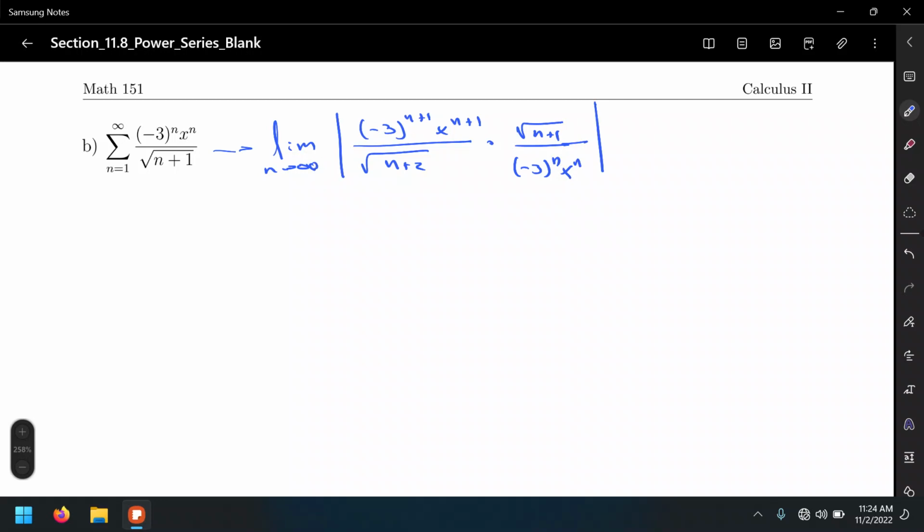All right, so let's do all the necessary algebra to simplify this.